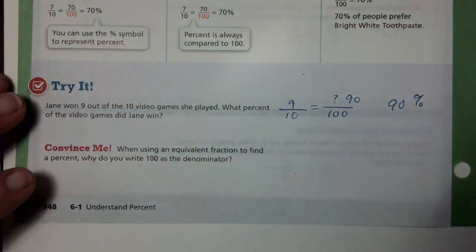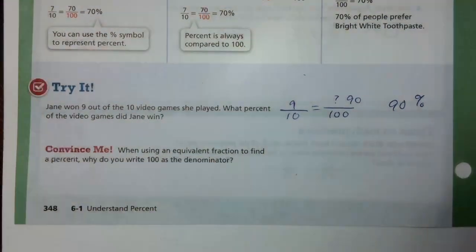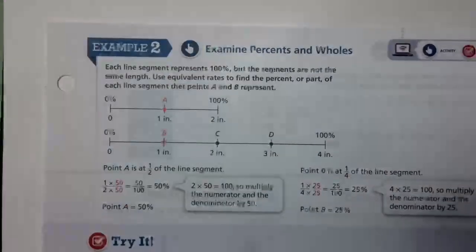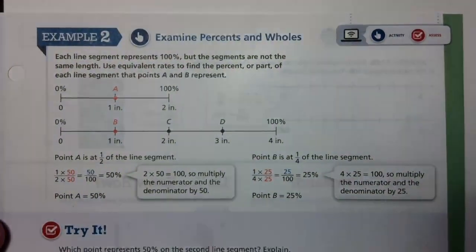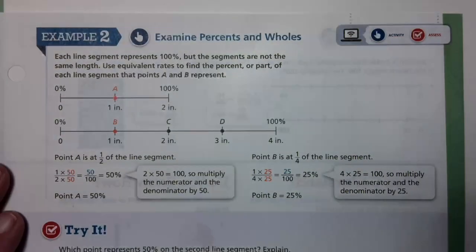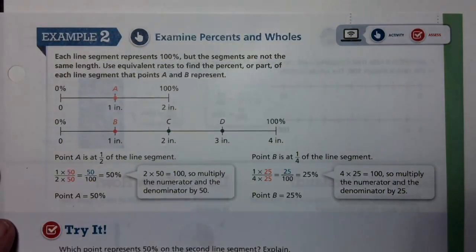All right, let's go to example number 2. Examine percents and wholes. Each line segment represents 100%, but the segments are not the same length.